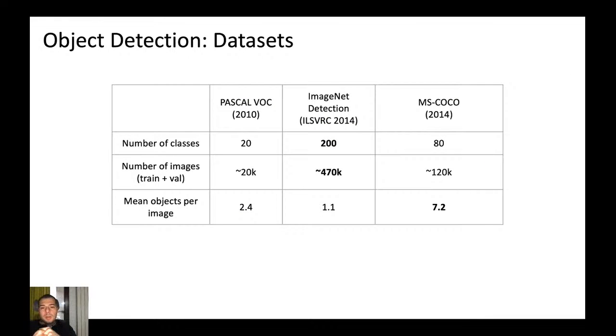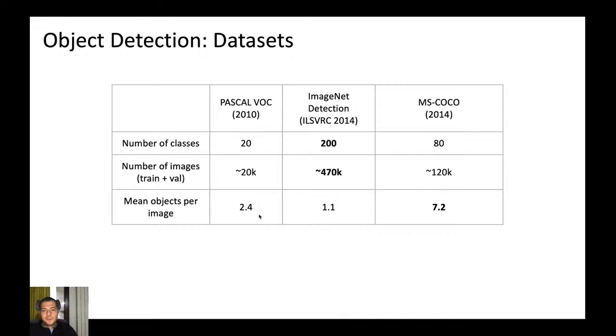Okay, so we will present results on Pascal VOC, on the ImageNet detection challenge, which was introduced in 2014, and also the Microsoft Common Objects in Context dataset, or MS-COCO. So here we have 20, 200 or 80 object categories, and the average number of objects.